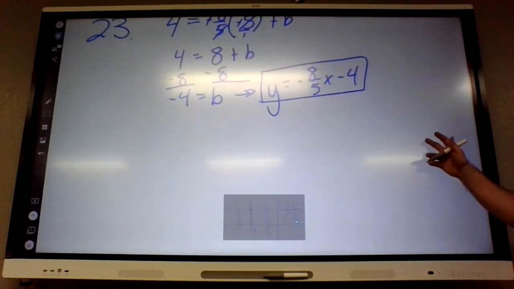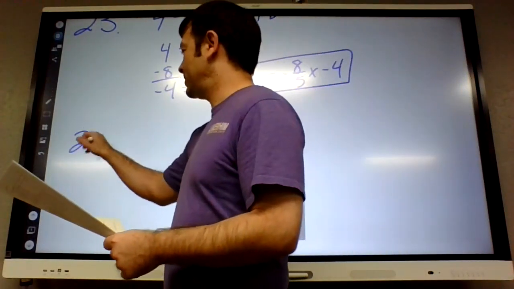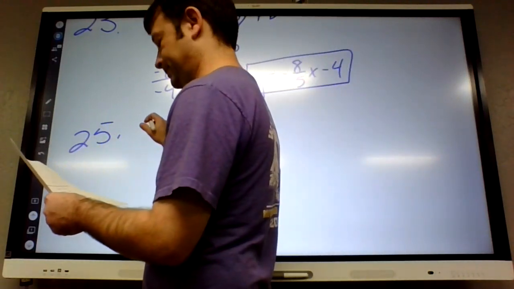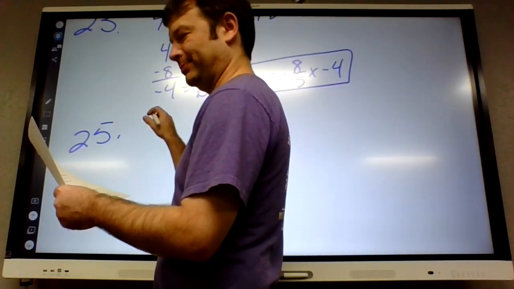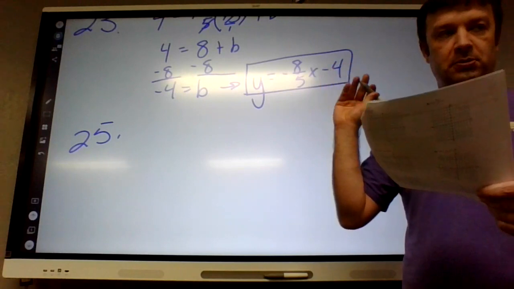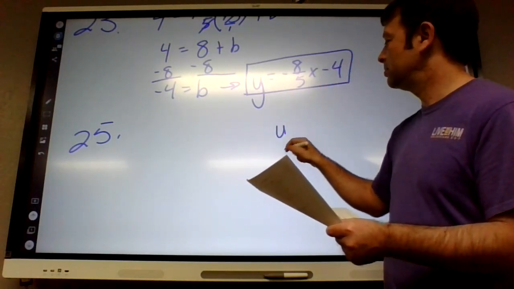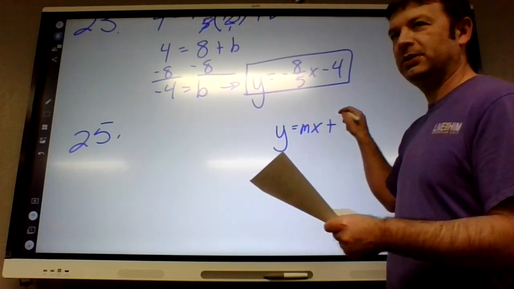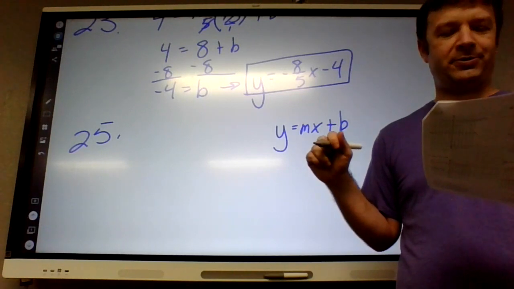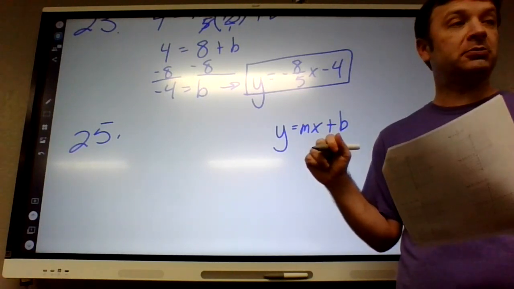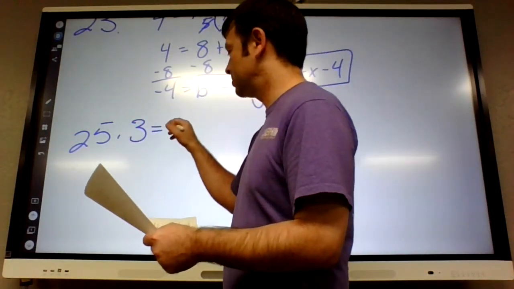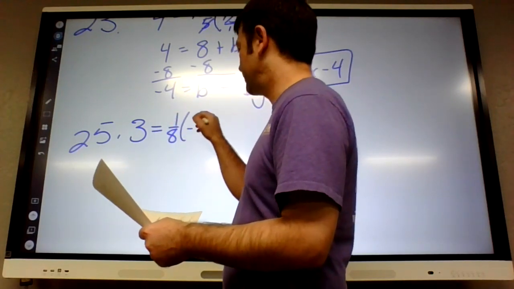Alright, one more of these. 25, Sam, what would the equation be if we plugged everything in? -4 equals... Nope. Yeah, -4 is the x. Okay, 3 equals 1/8 times -4.